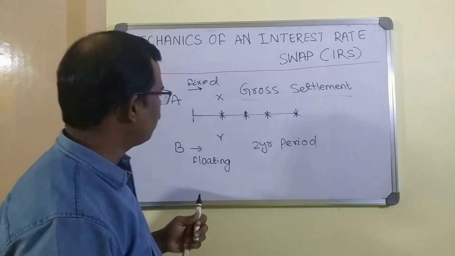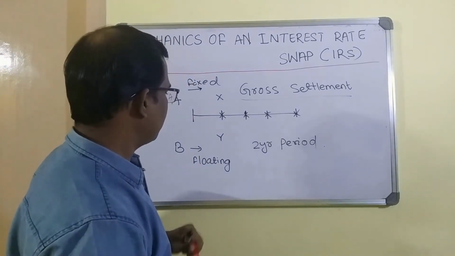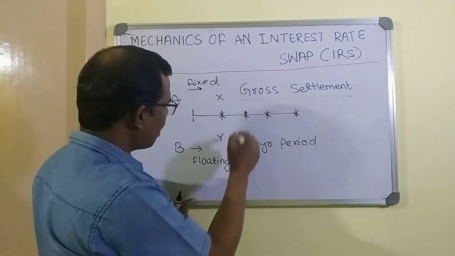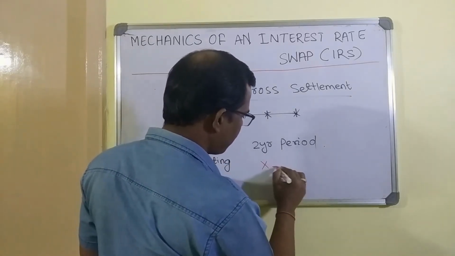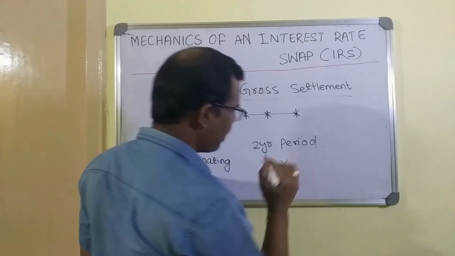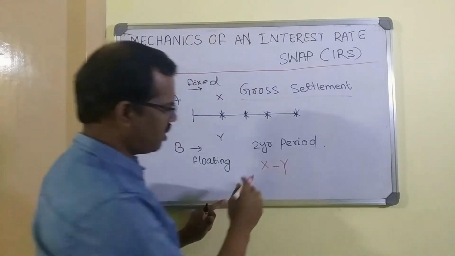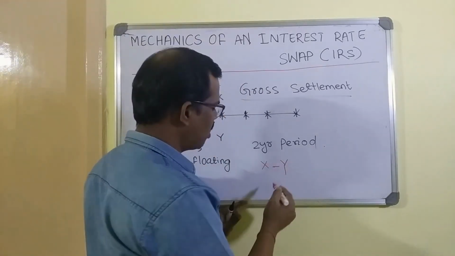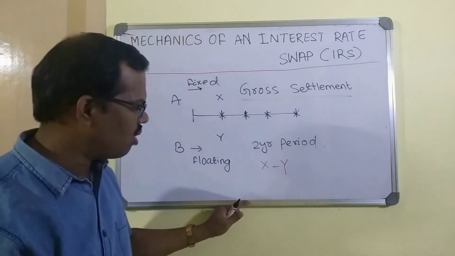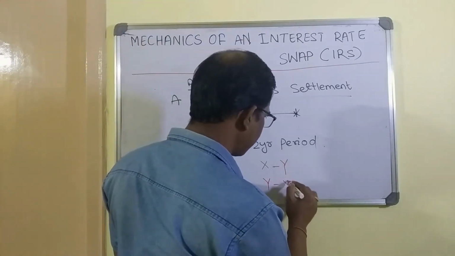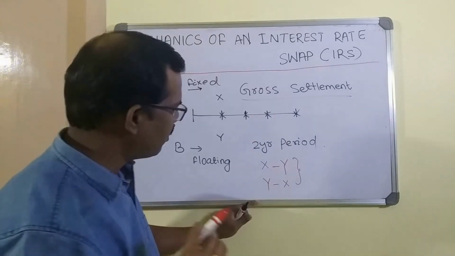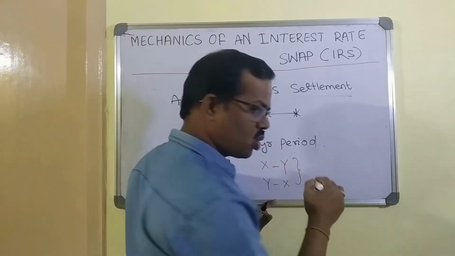Another possibility is that they conclude that, instead of two-way payments, they can arrive at X minus Y. Assume X is greater than Y, or it could be the other way around, Y greater than X, in which case Y minus X. This difference amount they can pay to each other.